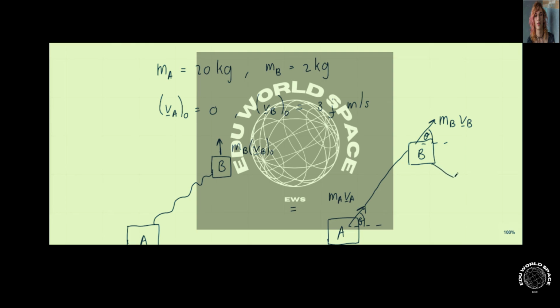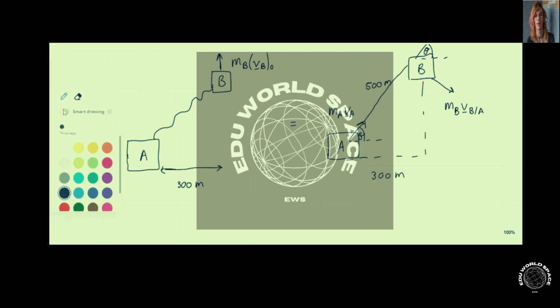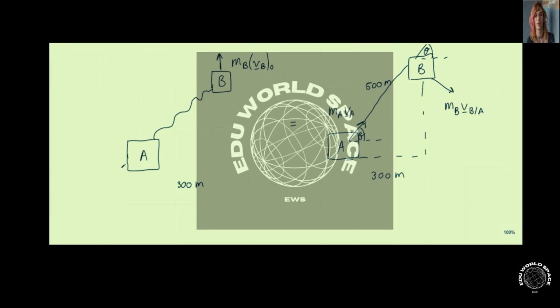We also have another vector. The momentum of this vector is mB vB/A, where vB/A is the velocity of B relative to A. So now we have a taut string of 500 meters, and this distance between A and B is still 300 meters between the centers of A and B. In this case, we'll draw it a bit better.